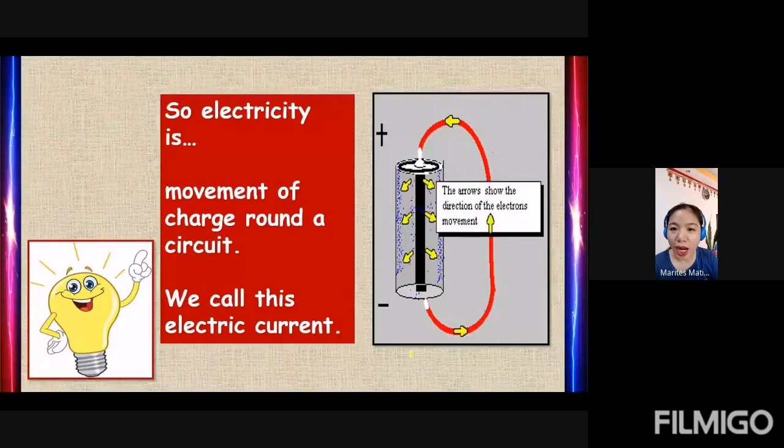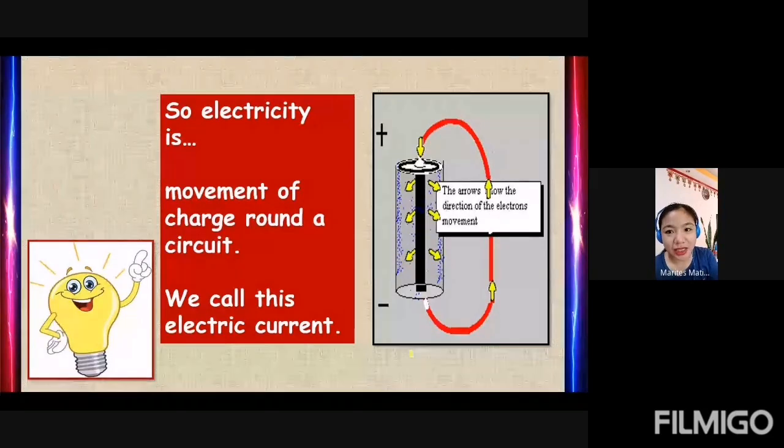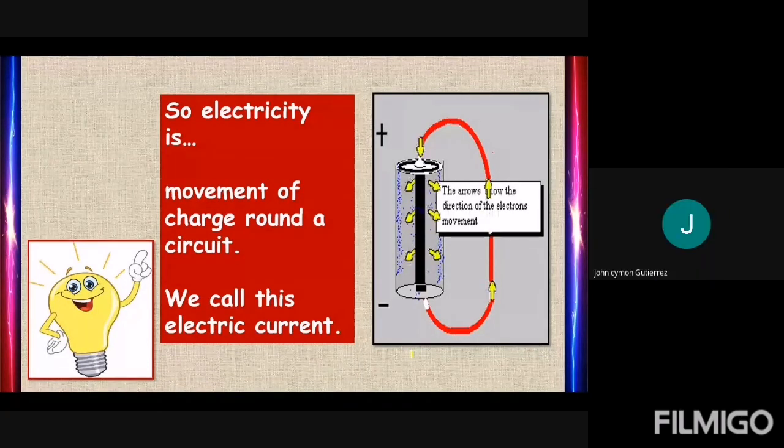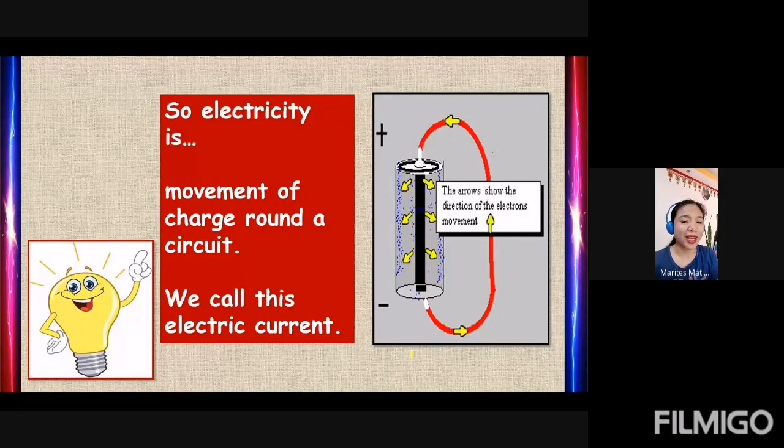So, what particle of an atom does the arrow represent? Yes, John Simon. Ma'am, electrons. Very good, John. The arrow represents the electrons. Again, what is the movement of our arrow? Is it from positive to negative or negative to positive?